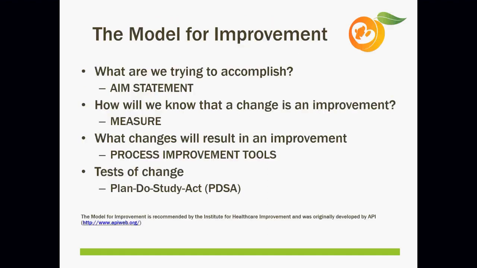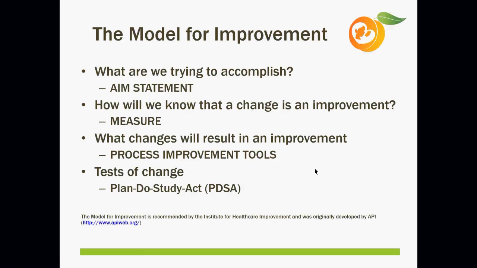So the model for improvement is mainly, there are 4 components. First, what are we trying to accomplish? So you want to set out an aim. You want to know what you're doing. What is the aim here? Next is, how will we know that change is an improvement? So we need to find ways to measure this change so that we can say that improvement has occurred. The third component is, what changes will result in an improvement?